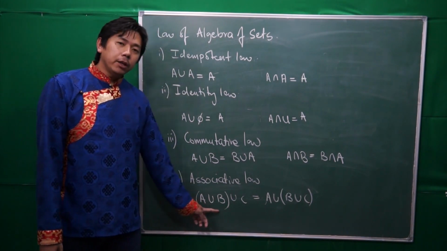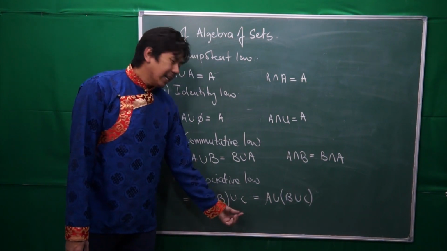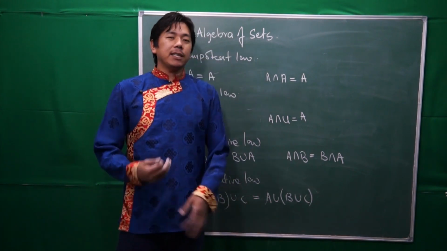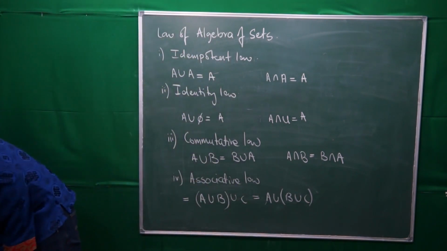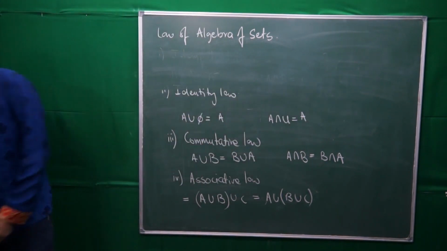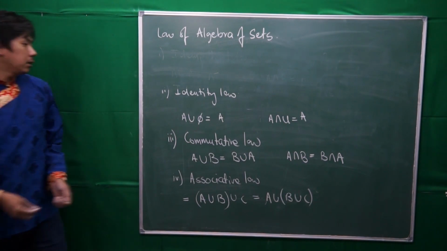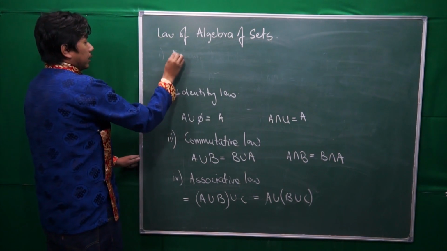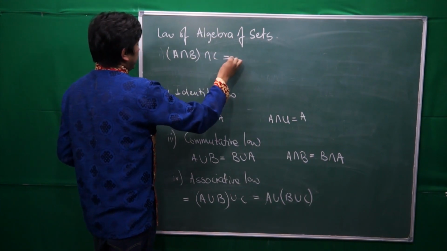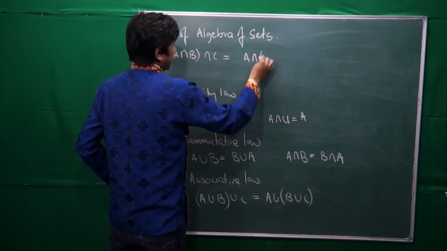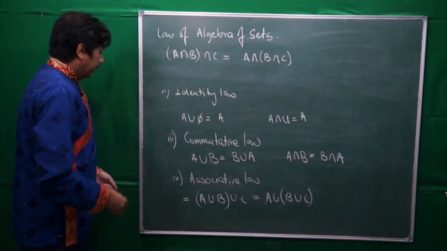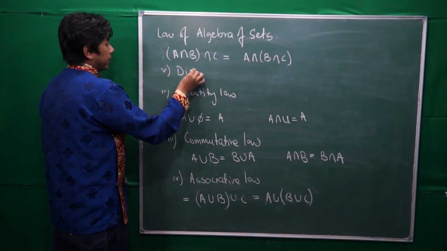So first union of A and B, then union with C is the same as first union of B and C, then with A. Now the same thing happens with intersection as well. A intersection B intersection C would be the same as A intersection B intersection C. Simple.